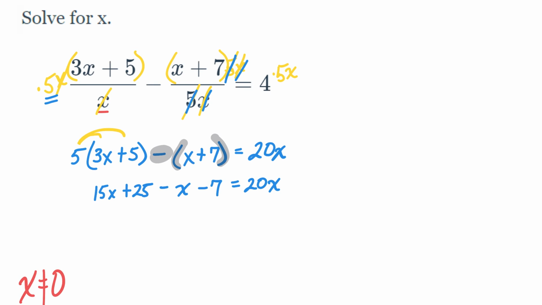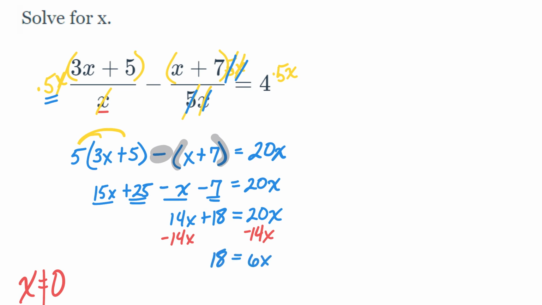All right, from here, we're going to combine like terms. So that makes 14x. 25 minus 7 equals 18. I'm actually going to subtract the 14x over to join the 20 because I like to have positive variables, and that will keep those positive.